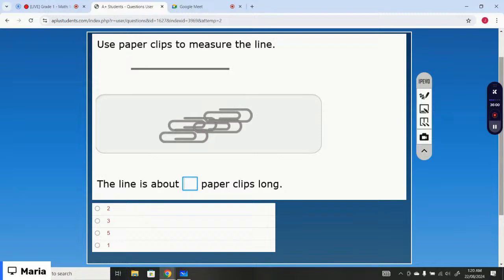So how many paper clips, what is the measurement of the line? The correct option is the line is about 2 paper clips long. The correct option is 2. Option number 1 is the correct option.